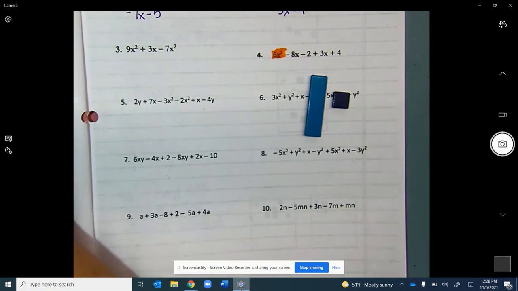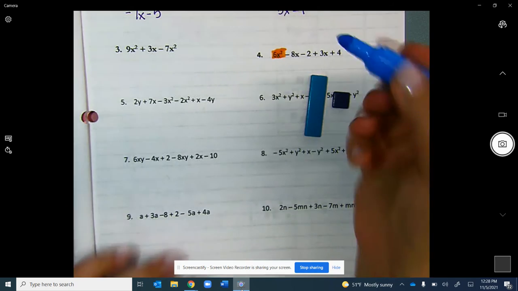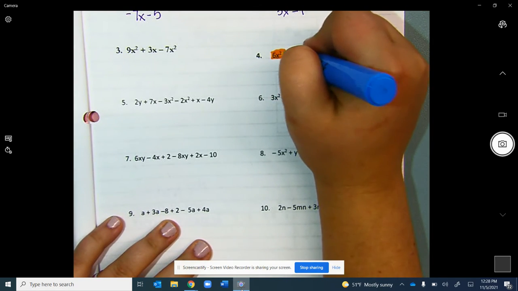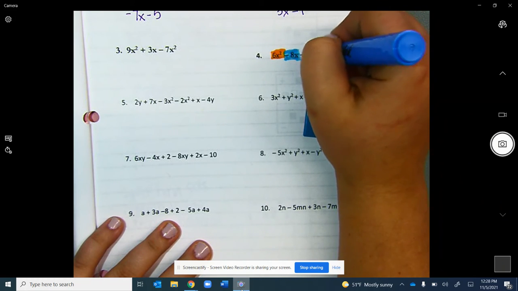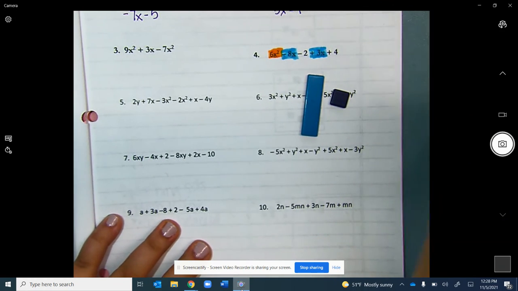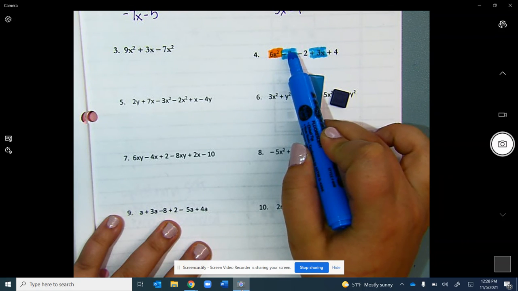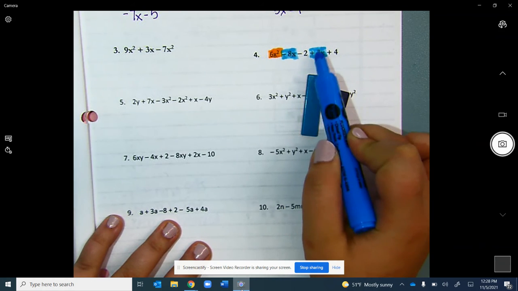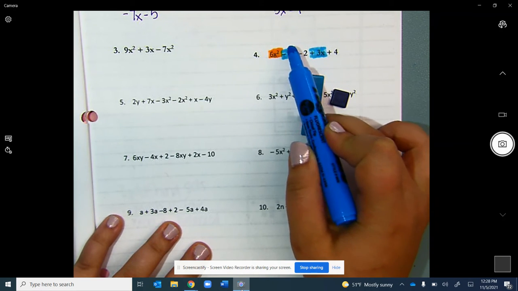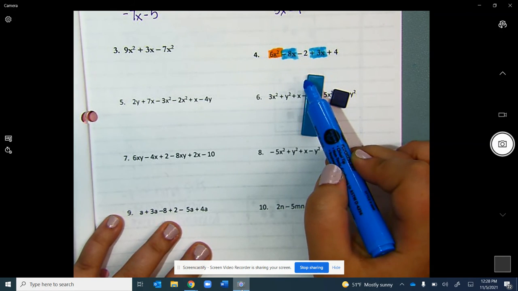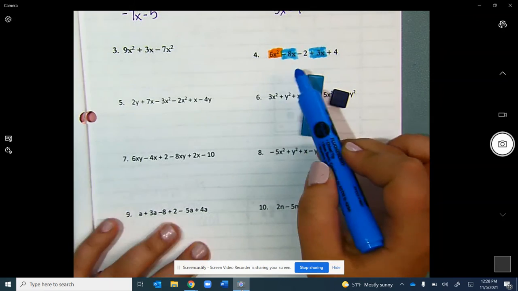All right, now looking at my x's, I see 8 negative x's and 3 positive x's. So in your head, you should be thinking 8 negatives and 3 positives. 3 of these are going to cancel each other out, and I'm only going to be left with negative 5x, right?